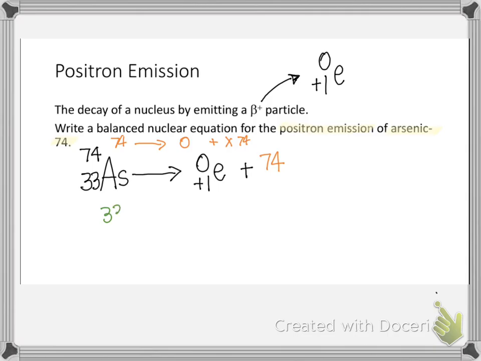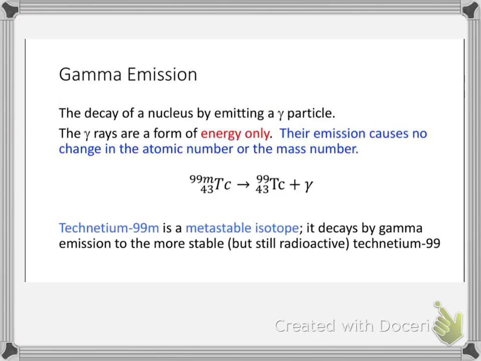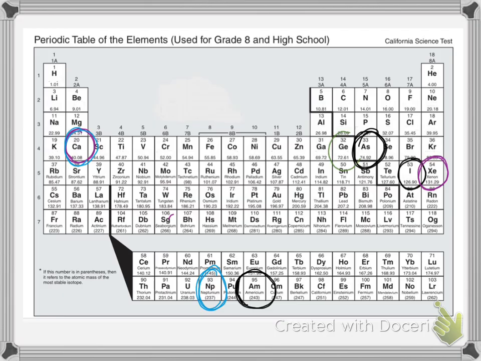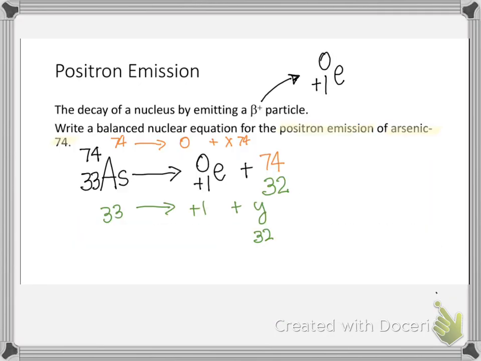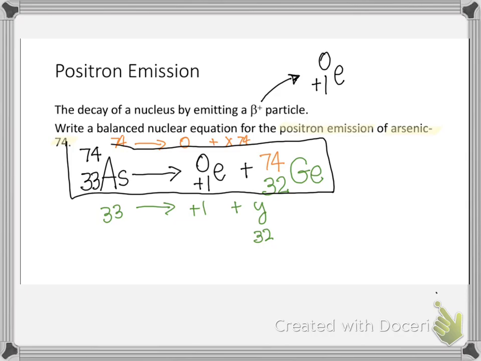Down here I have 33. This is a plus 1, and then it's plus some other number. So this would be 32, right? Because 32 plus 1 is 33. Now to figure out the element, I'd go to my periodic table, and here's 32, so it's germanium. And so the answer to this question, the balanced nuclear equation, is this right here.